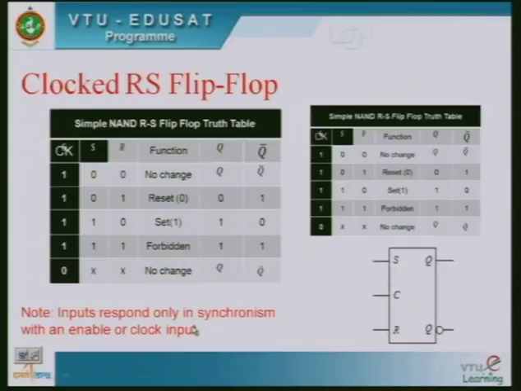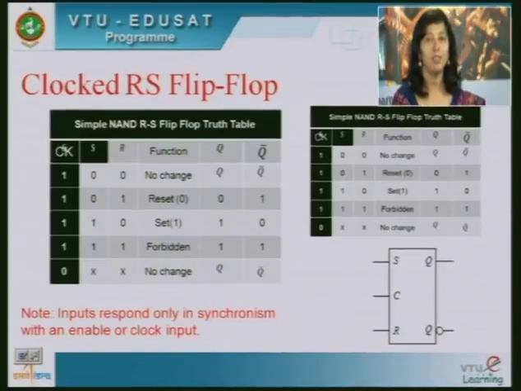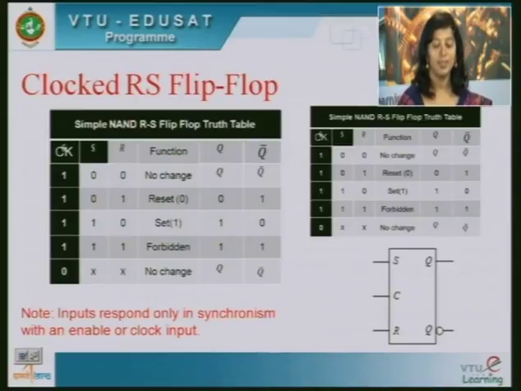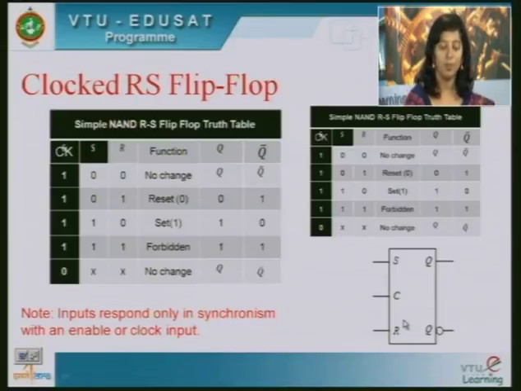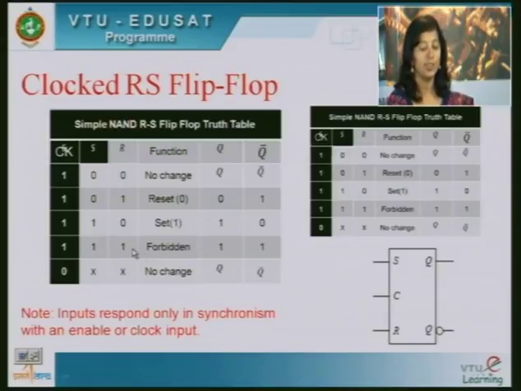In a clocked RS flip flop, the final truth table we need to analyze is for S and R, a simple NAND RS flip flop, as shown. You have a clock signal here, the bigger one you can see.